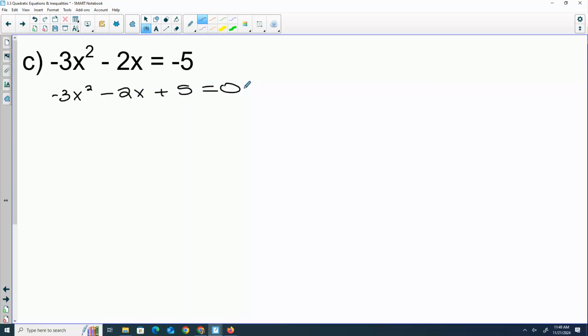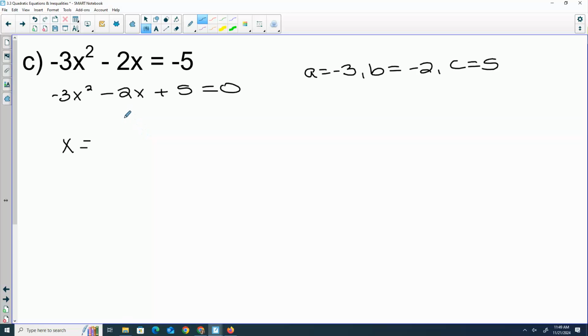All right, so we have to bring over the 5. Is that what everybody did? So if I set it up like this, my A is -3, my B is -2, and my C is 5. It's just the numbers, no variables. If you moved everything to the other side, your A and C would have opposite signs. So +3, +2, -5. And you'll get the same thing at the end.